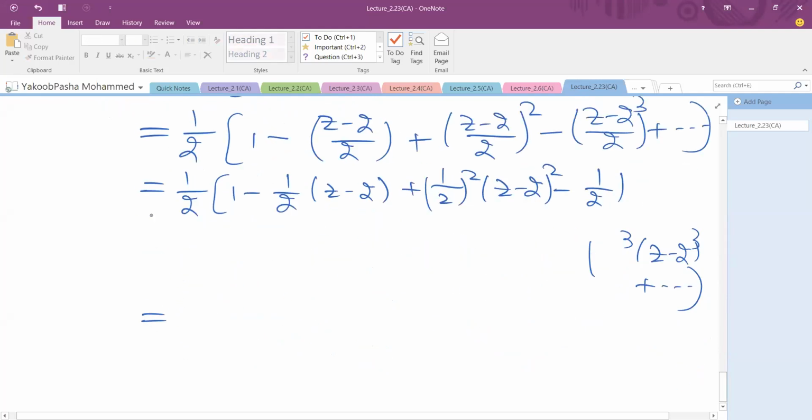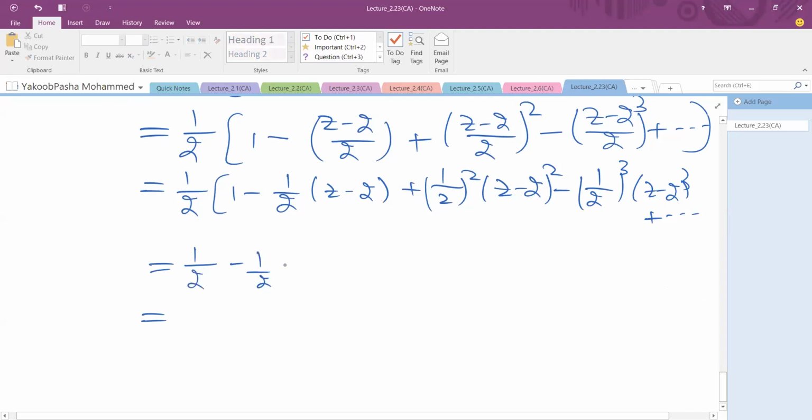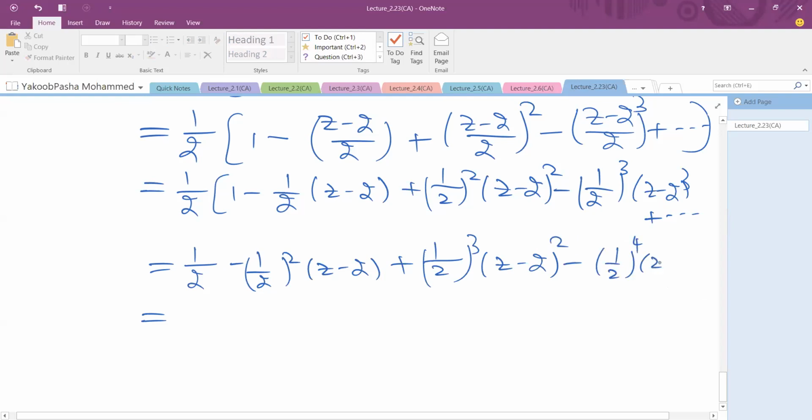If you multiply with 1 by 2 here, we get 1 by 2 first term, minus 1 by 2 whole square into z minus 2, plus 1 by 2 whole cube into z minus 2 whole square, minus 1 by 2 whole to the power of 4 into z minus 2 whole to the power of 4, plus and so on.